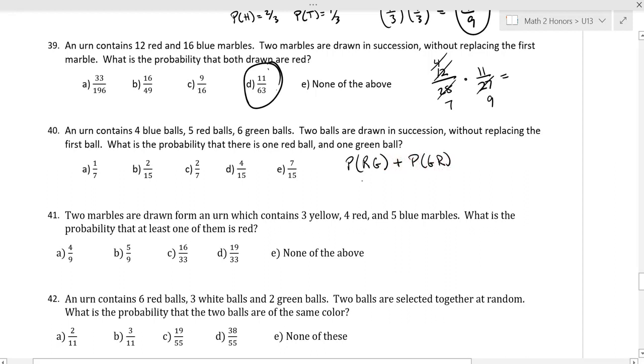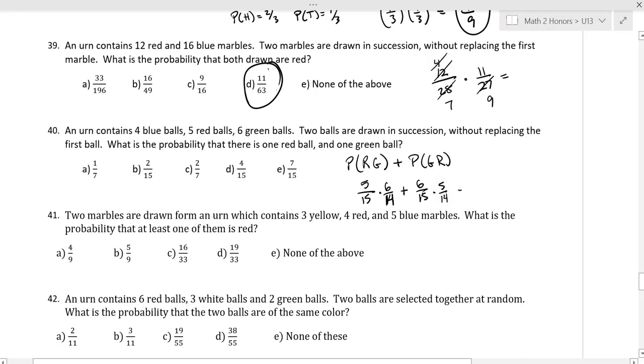So the first one's red. We have a chance of 5 out of 15. And then the second one being green would be 6 out of 14. And the first one being green would be 6 out of 15. Second one being red would be 5 out of 14.